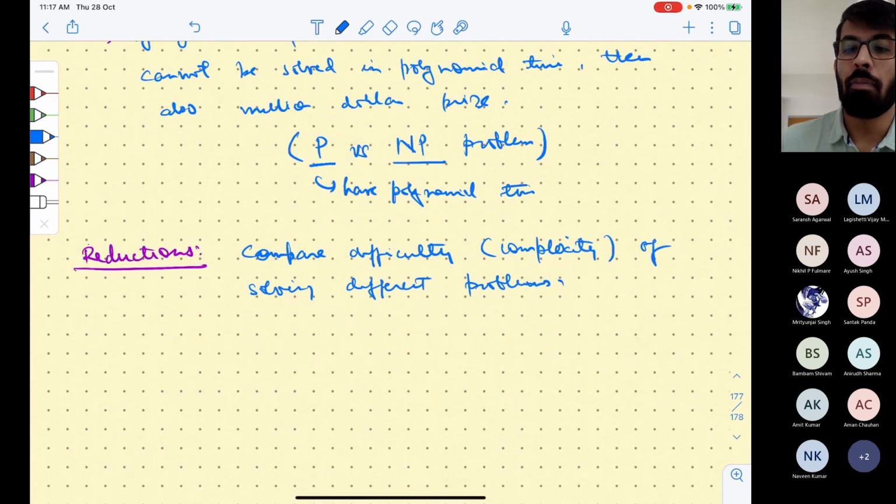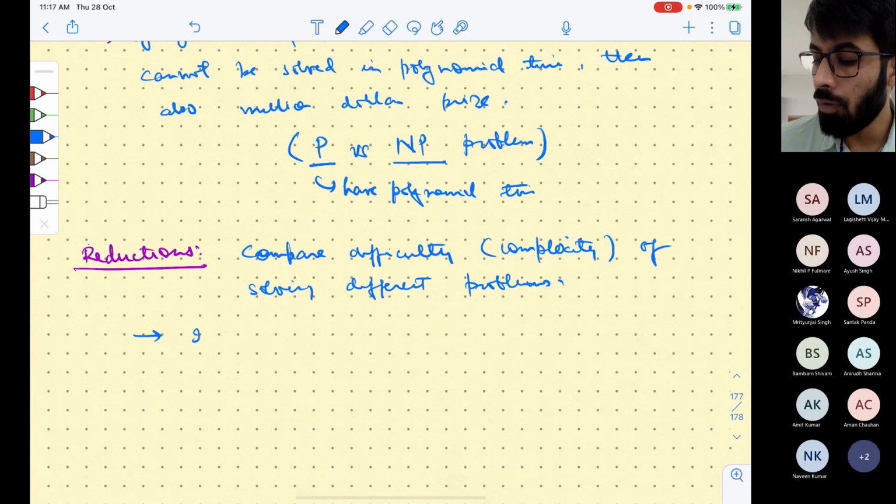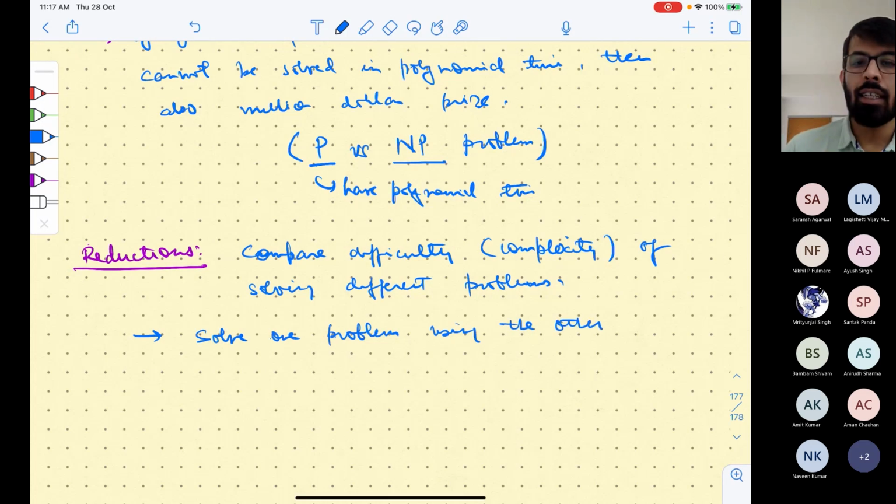How can we compare that one problem is more or less difficult than the other? One very natural way is that if you can solve one problem using the other, then we can say that the first problem is not very hard. It can be solved using the second problem.